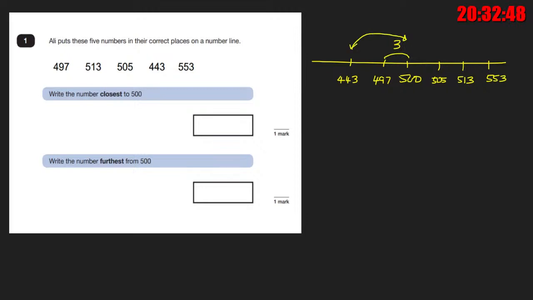The difference. 497 and 500, the difference is 3. 443 and 500 is a 57 difference. 500 and 505 is a 5 difference. 500 and 513 is a 13 difference. 500 and 553 is a 53 difference. So the number closest to 500 is 497, the correct answer.